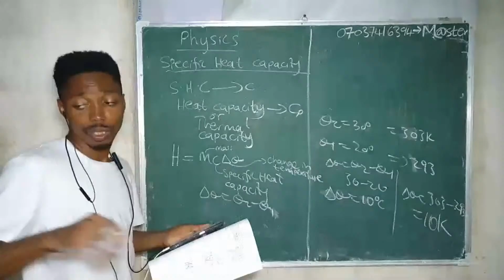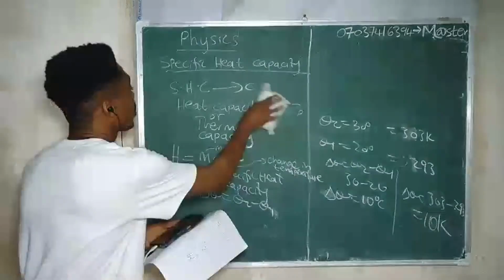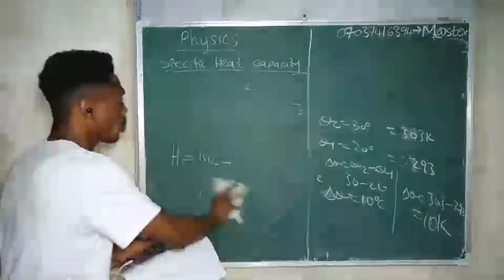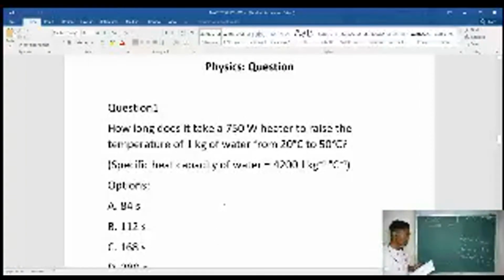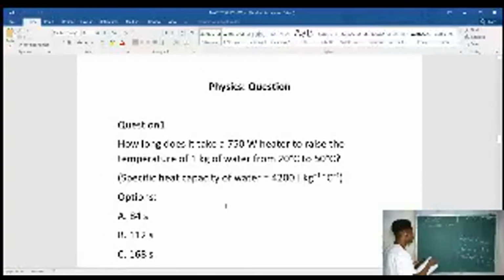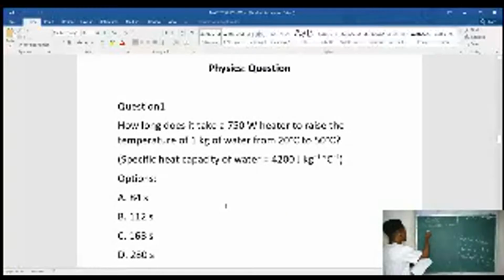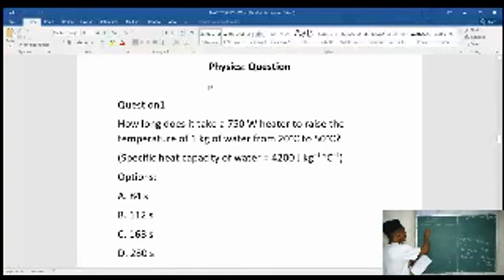This question is a very interesting one because we are told a heater is used inside water, and you have to find the time it will take.